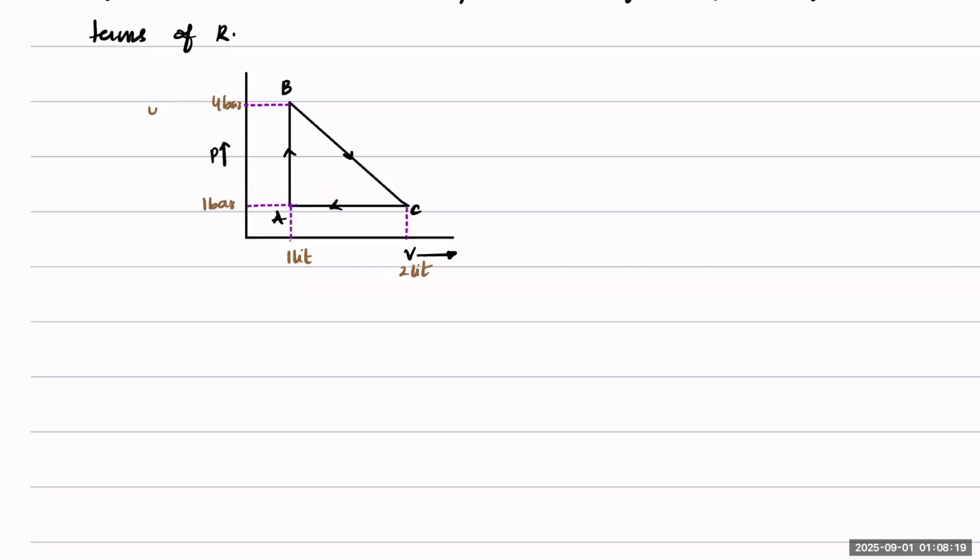Simple processes which we figured out, that is isothermal, adiabatic, isobaric, isochoric, it is not falling into any of that kind, right? It is a process where B to C, that is pressure versus volume, are linearly dependent on each other. Is that clear? So it is some kind of a polytropic process where it is linearly dependent.